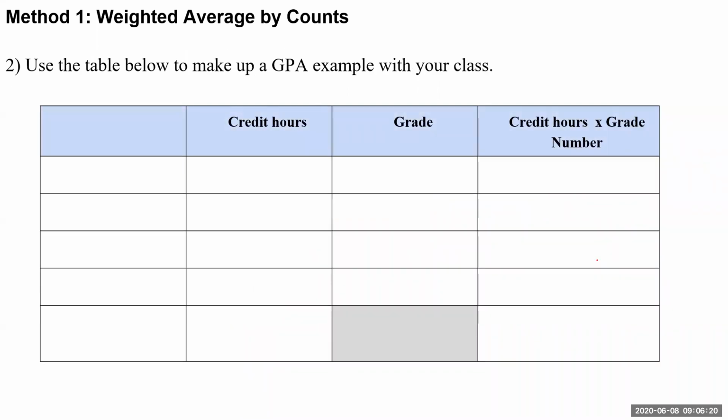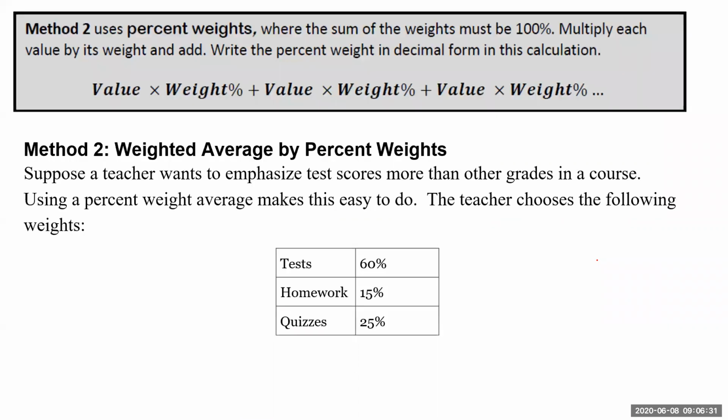This is just a blank sheet that I provided for you so that you can use it to find your own GPA. Now, the second approach you want to look at is weighted average by percent weights.